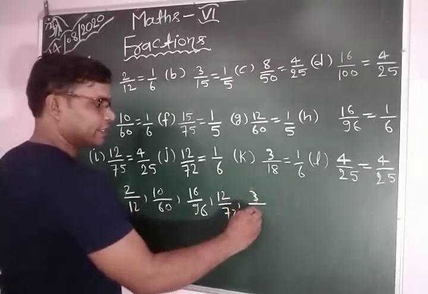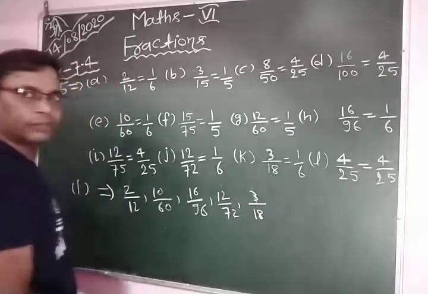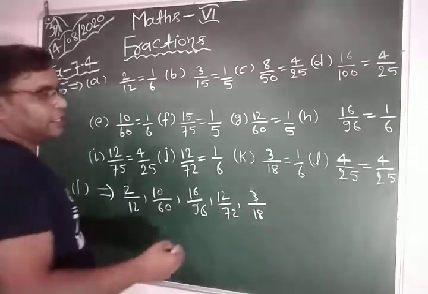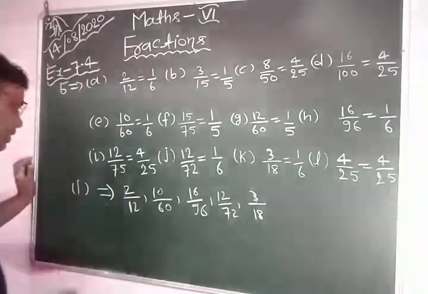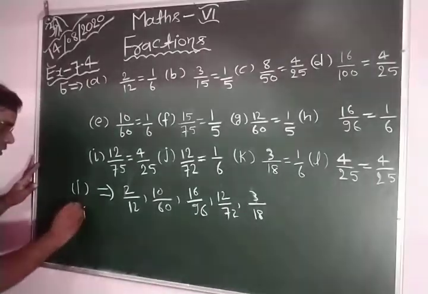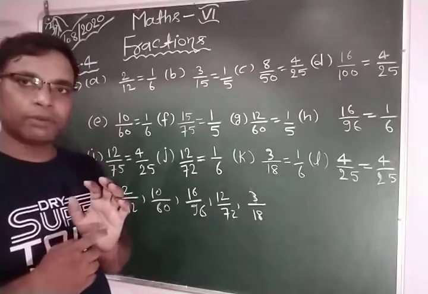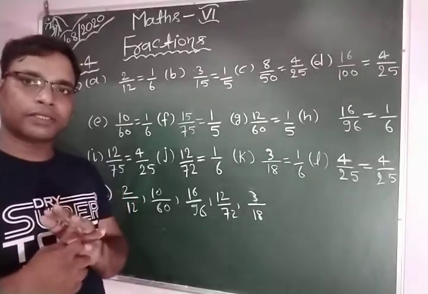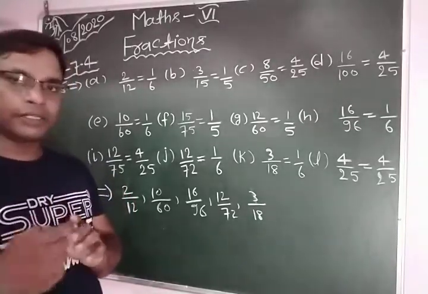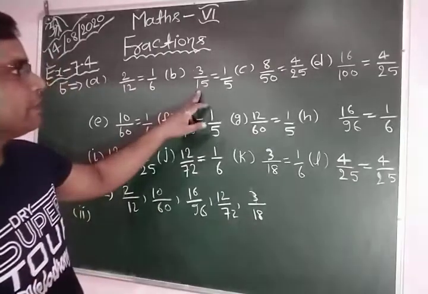All these fractions are in the same group. Okay, they are equal to 1 by 6. A second group of fractions, they simplify, we obtain 1 by 5. All those fractions we write in the second group, like 3 by 15.